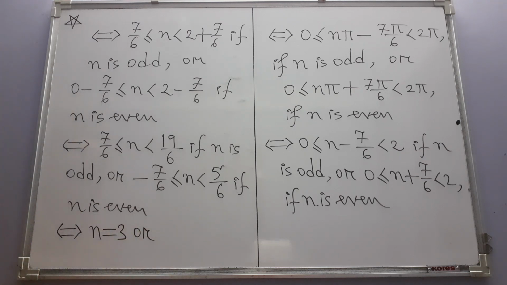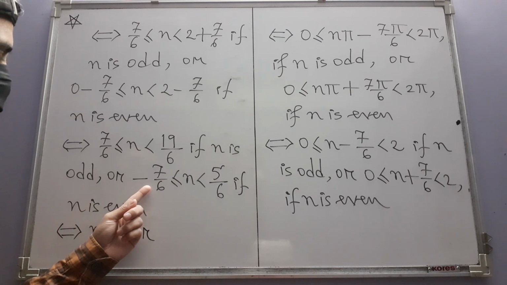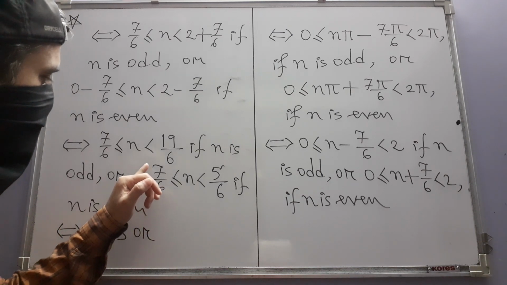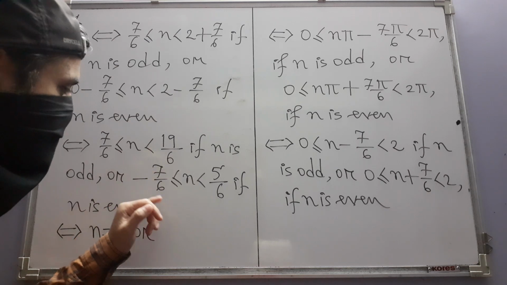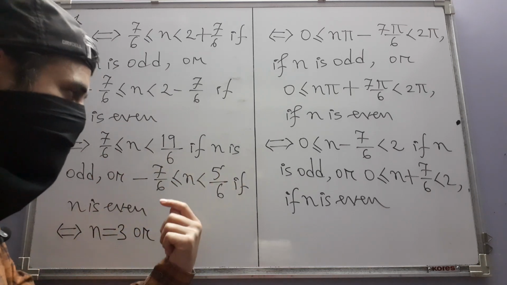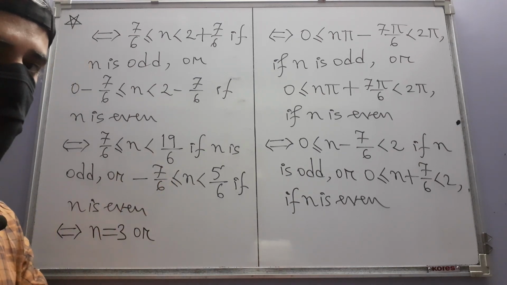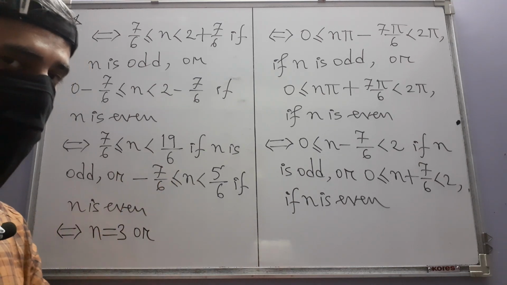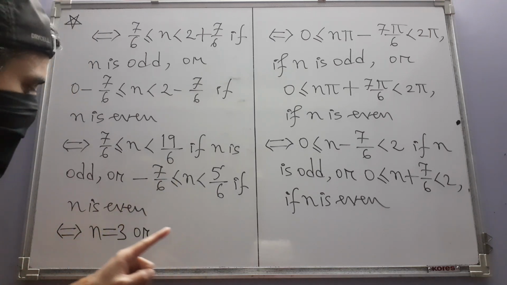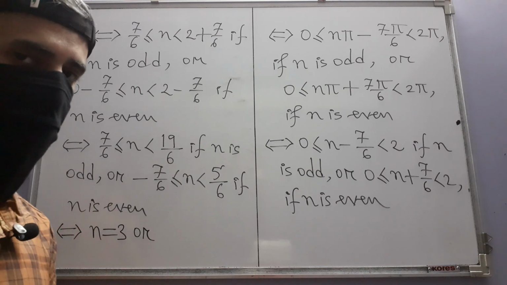Or what about this? Minus 1 is an option here. Note that because 7 divided by 6 is greater than 1, minus 7 divided by 6 is less than minus 1. So you can take n equal to minus 1, but n needs to be even here. Can we take n equal to 0?